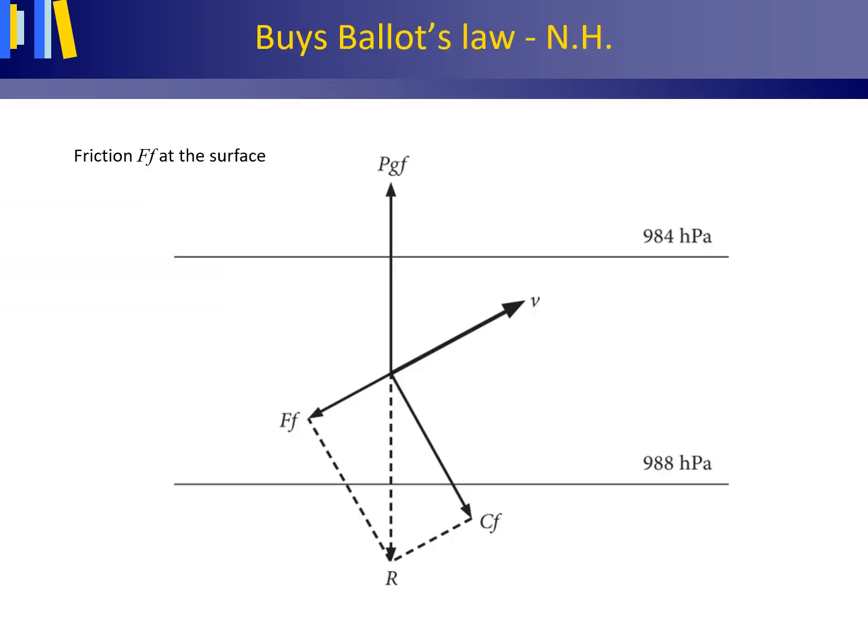Earlier on, we discussed what happens in the upper atmosphere. You have a counterbalancing of your pressure gradient force and your Coriolis effect, and this causes the wind to flow parallel to the isobars. But that's a situation where you have no friction. When you're at the Earth's surface, you have friction.